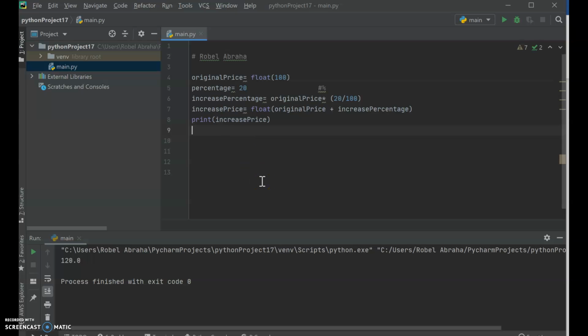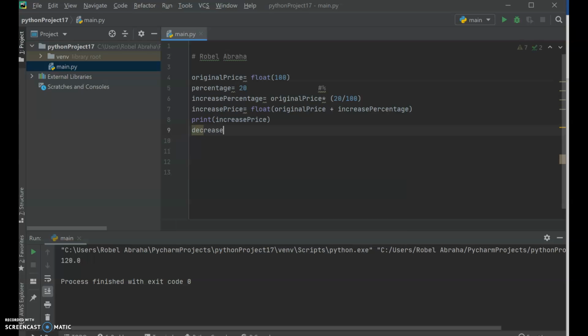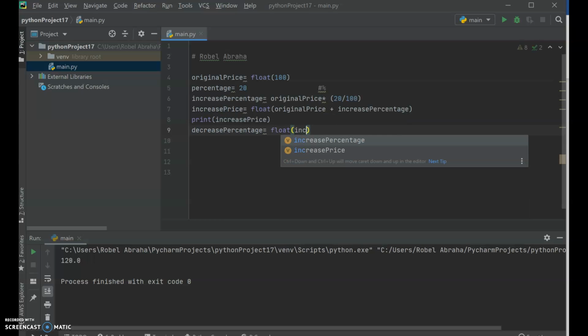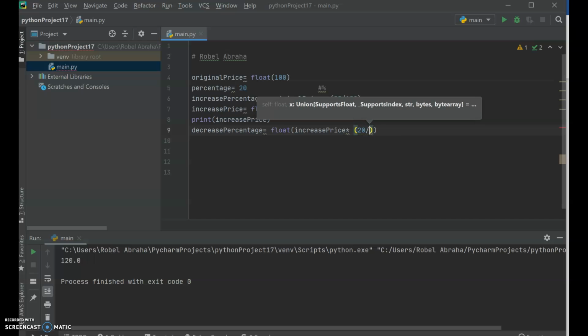First we have to find the decrease percentage. Decrease percentage is equal to float of increase price times 20 divided by 100.